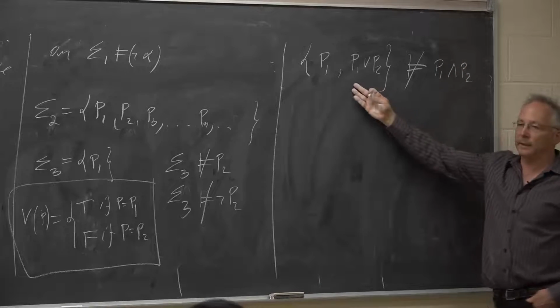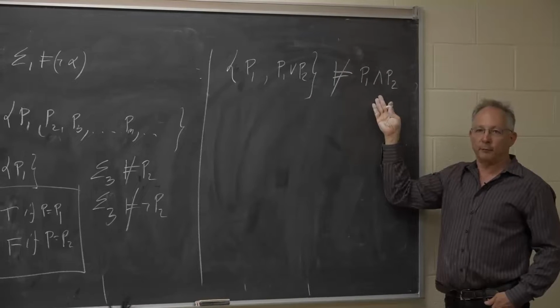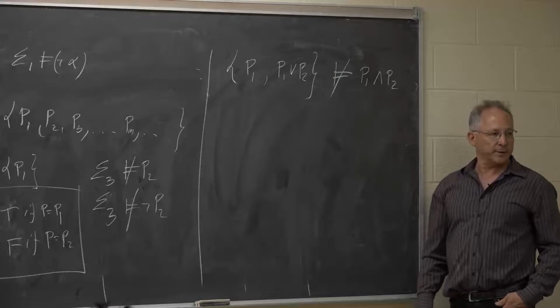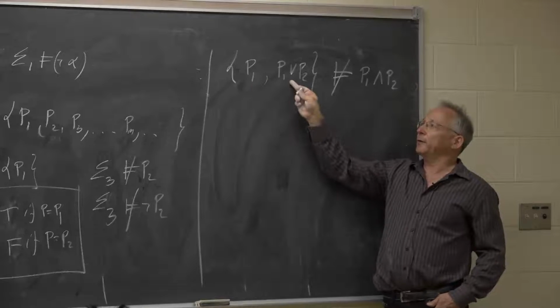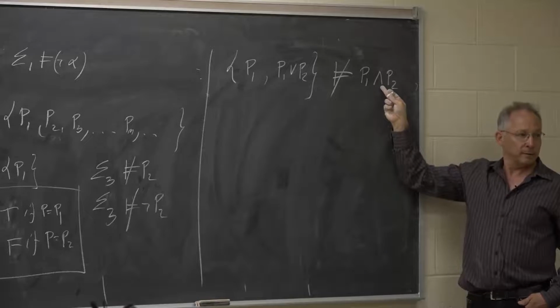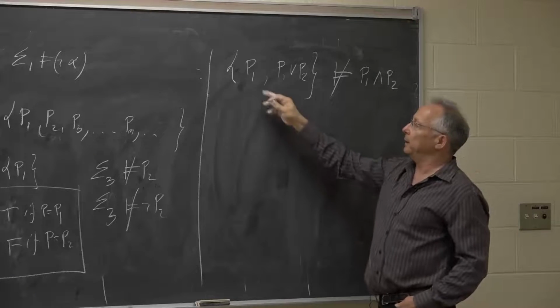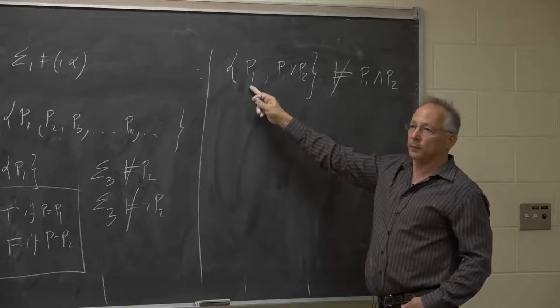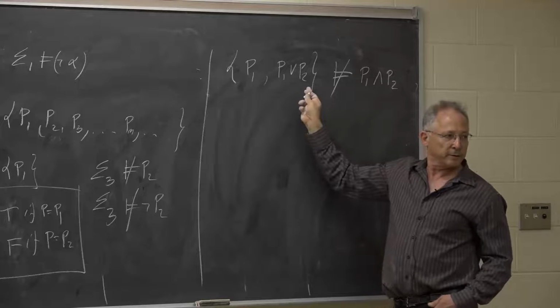So how do I know that this sigma does not imply this alpha? I have to find a truth assignment that will satisfy every formula here, but will falsify this one. My truth assignment will give P1 true and P2 false.